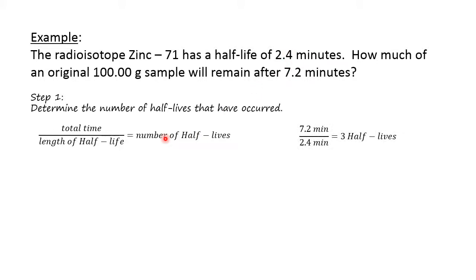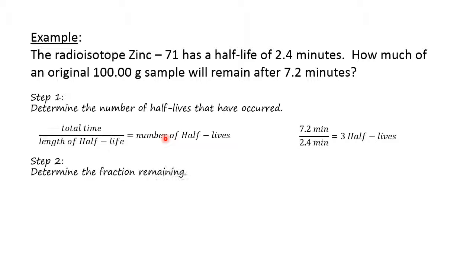And so 7.2 minutes divided by 2.4 minutes will equal 3, so that means 3 half-lives have occurred. And so what that tells us is that the sample has basically decreased in quantity by a half 3 times.